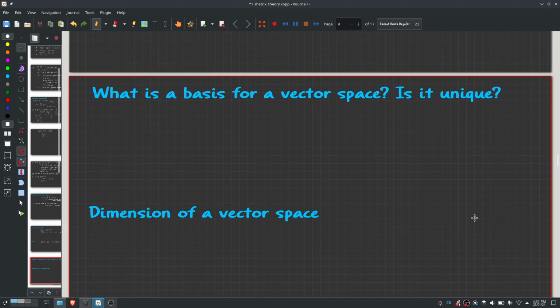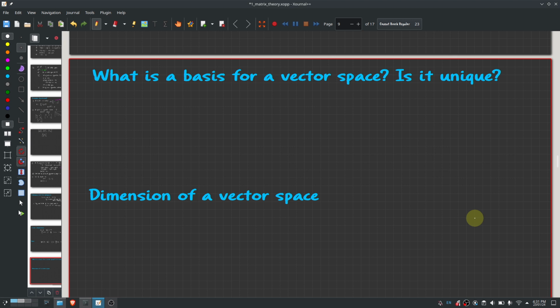So what is the basis for a vector space? Correct. So any set of vectors which are linearly independent and span the space forms a basis for that particular vector space. Right.